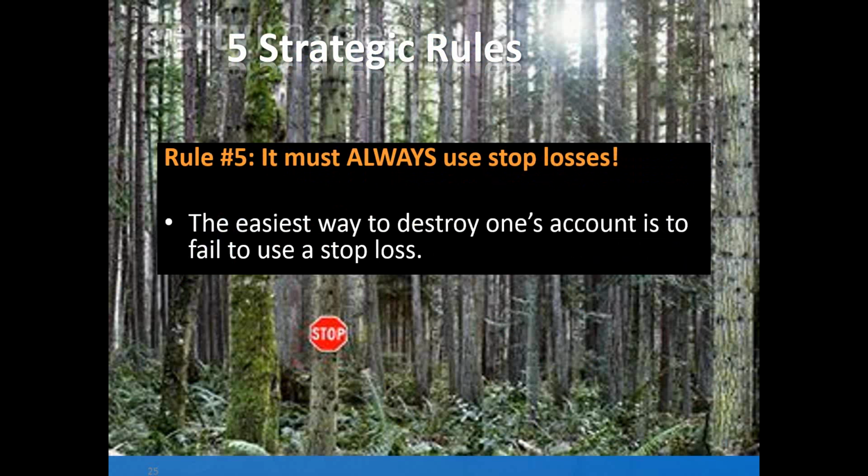And lastly, you've got to always use stop losses. I kind of told you, but I didn't really share it with you. I had this strategy. I was trading my nest egg. I was doing very well at the beginning of my trading career, and I was doing a lot of carry trades, right? And the carry trade was doing phenomenally well. If you guys have been trading for long enough, you know what the carry trade is.